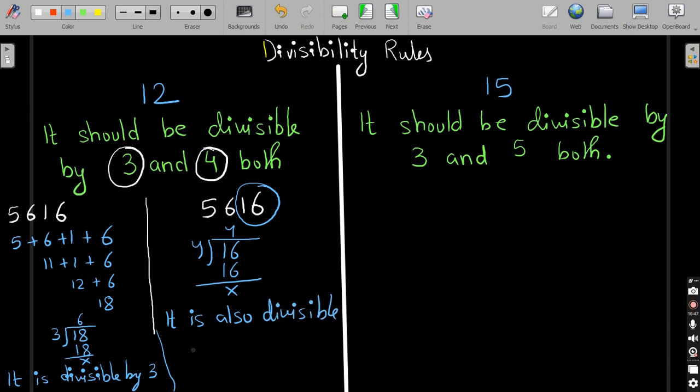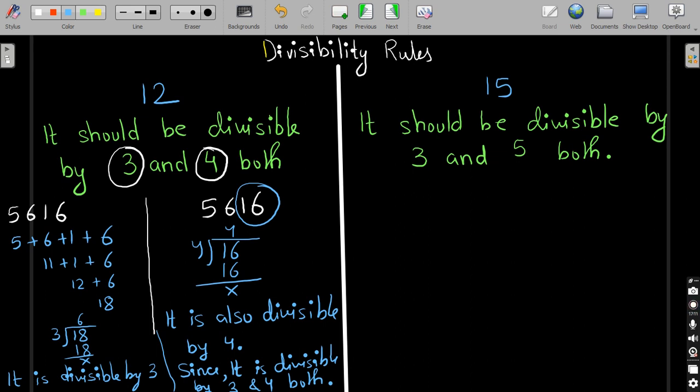Since it is divisible by 3 and 4 both, then we can say the number is divisible by 12 also.